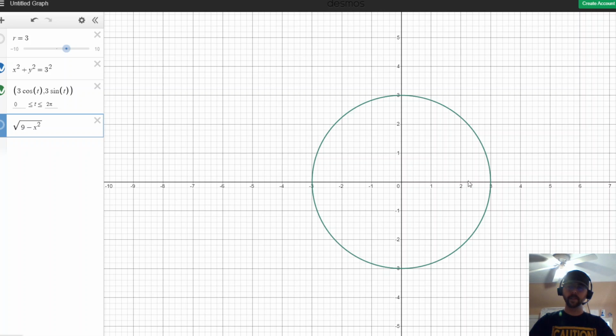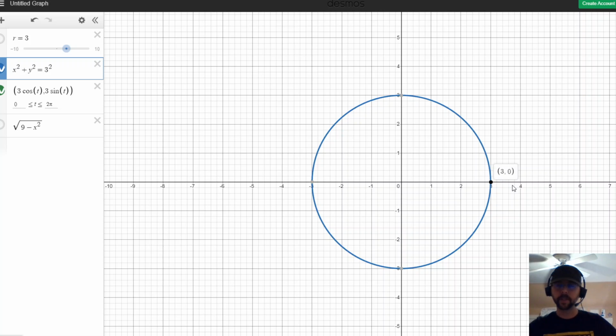Our starting point is right here, 3, 0. Then we move around the circle counterclockwise until we get all the way to 2 pi, where plugging in 2 pi for t gives us this last point. So that's how parametric equations work.